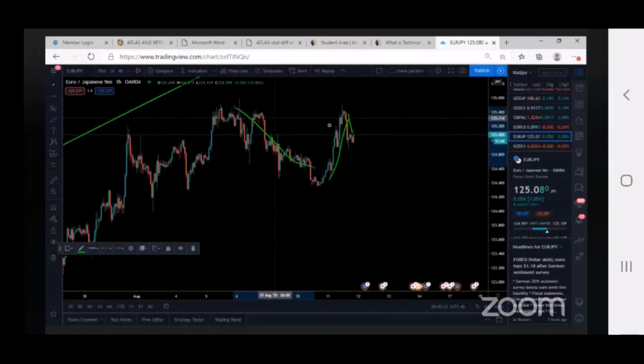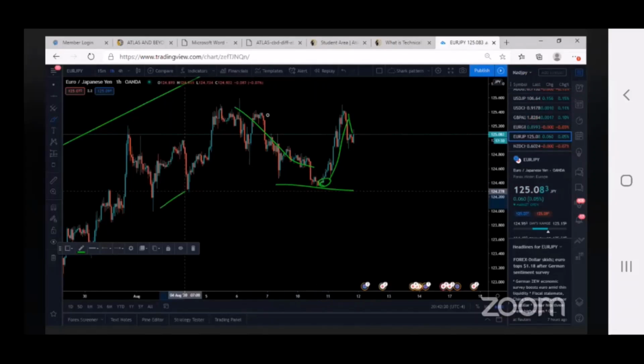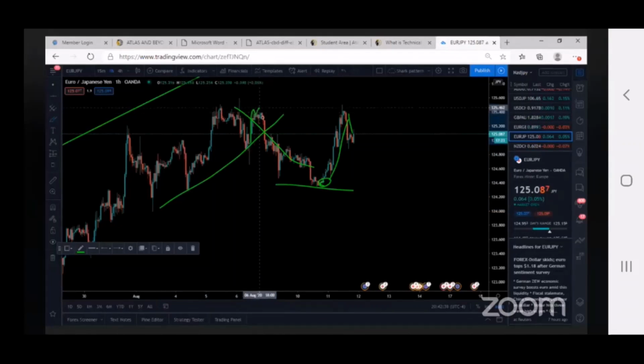So maybe I missed the actual entry, which would have probably been in this area right here, because during this uptrend, this is where the market starts to go down. So this is where you're looking for your sellers. I mean, this is where you're looking to buy from your sellers, right here.